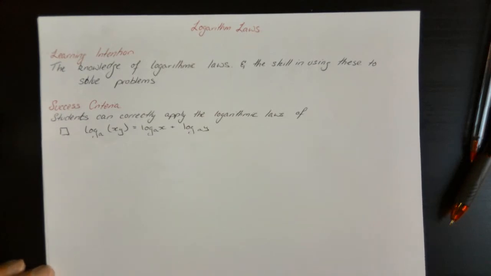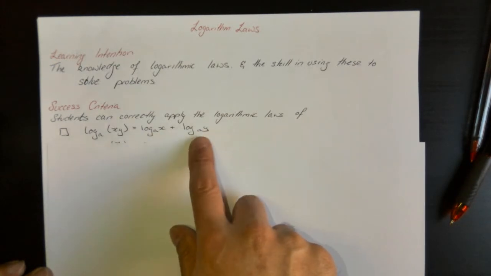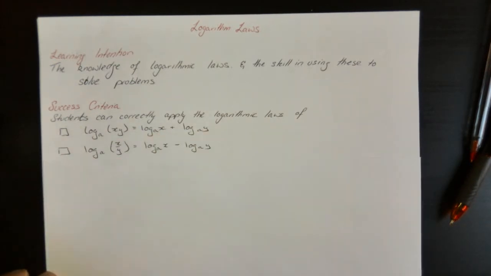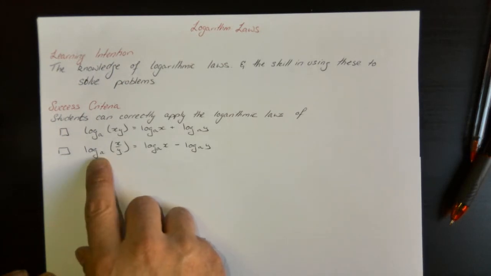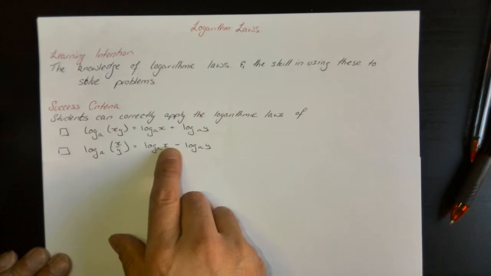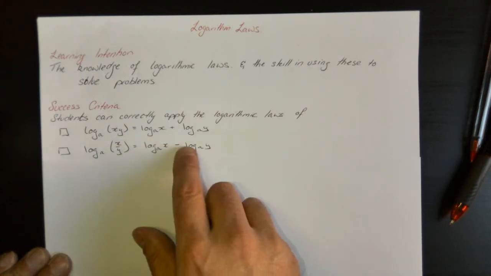So if we have log of xy base a, that's the same as log x base a plus log y base a. If we have log of x divided by y base a, that's going to be equal to log x base a minus log y base a.